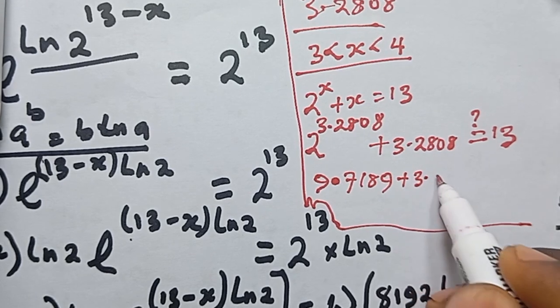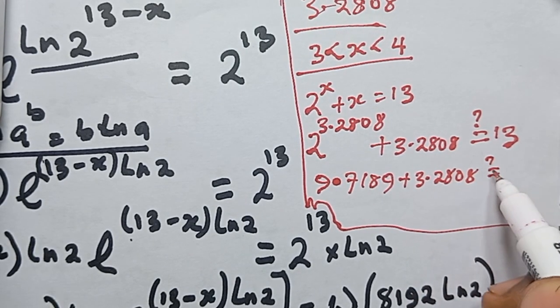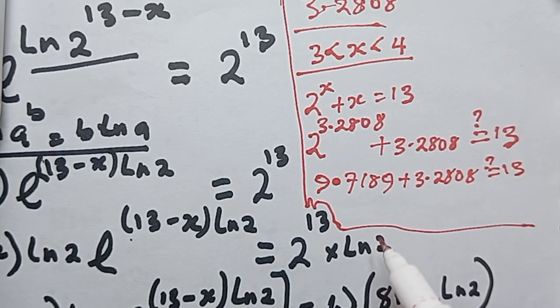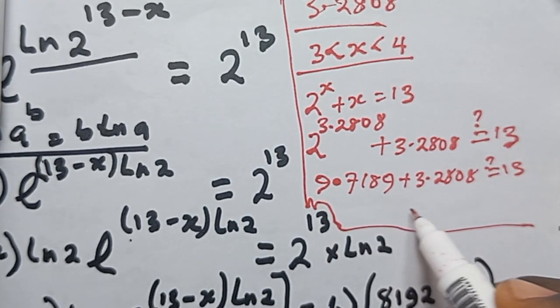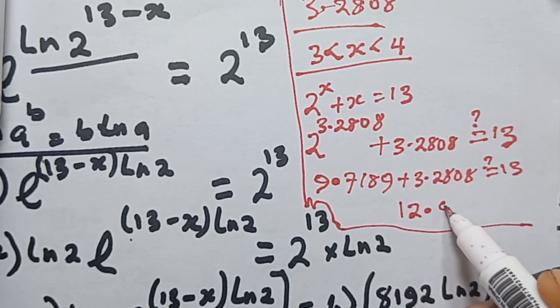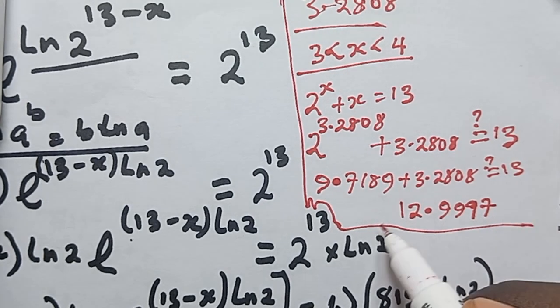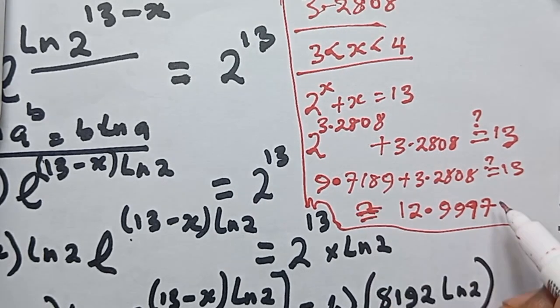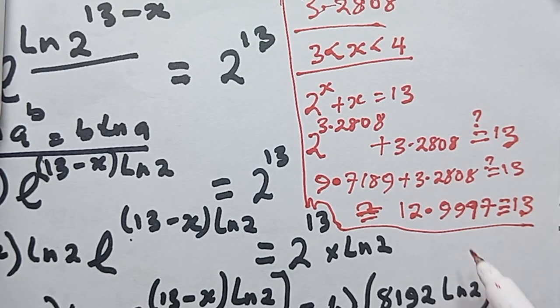If we add it to 3.2808, would this be equal to 13? Of course, these are just approximated values. When you sum all of this, what you're going to have is 12.9997. This is just an approximate value, and you can see that this is congruent to 13. That shows that it does satisfy the problem we just solved.